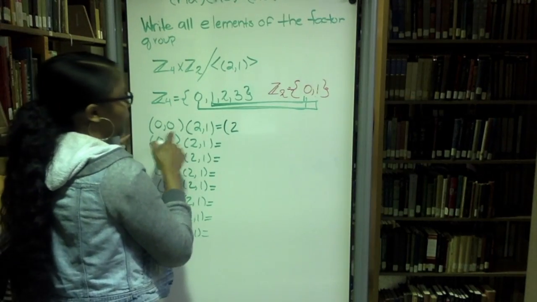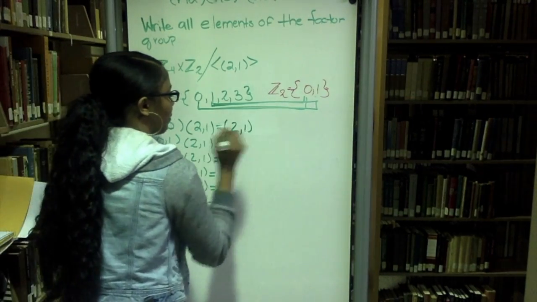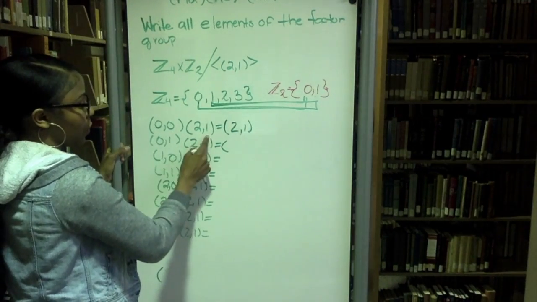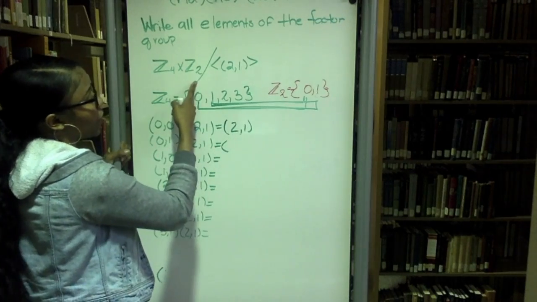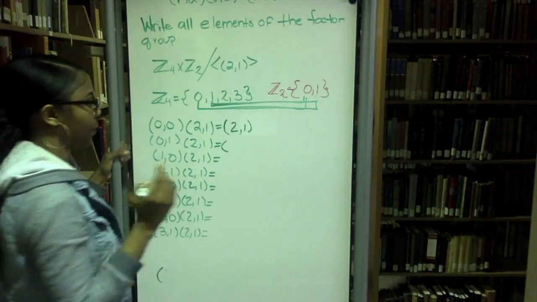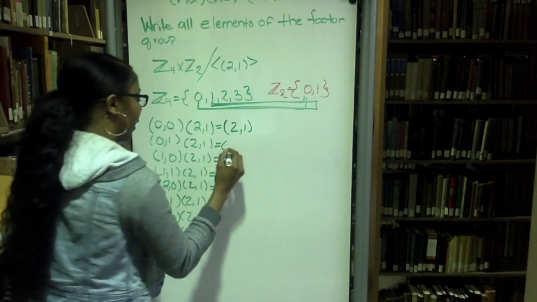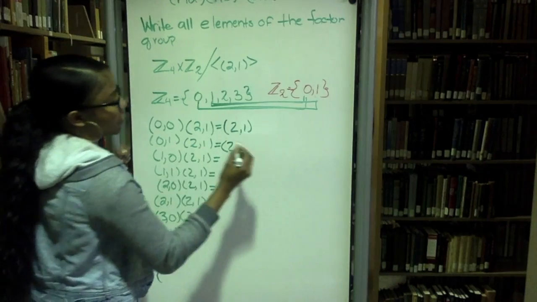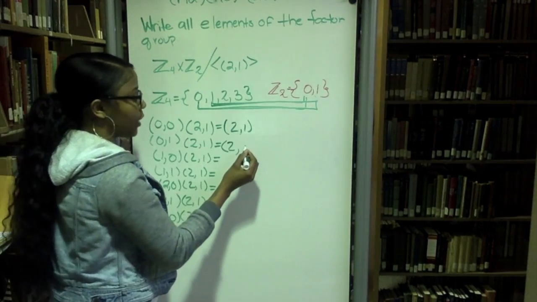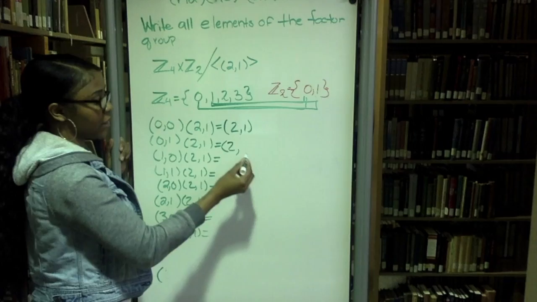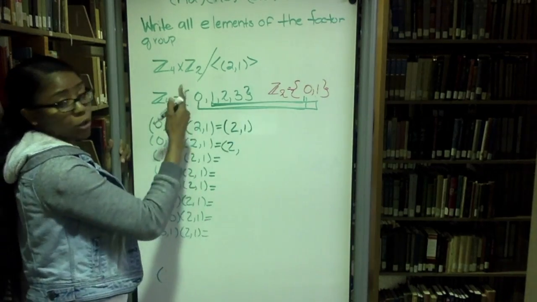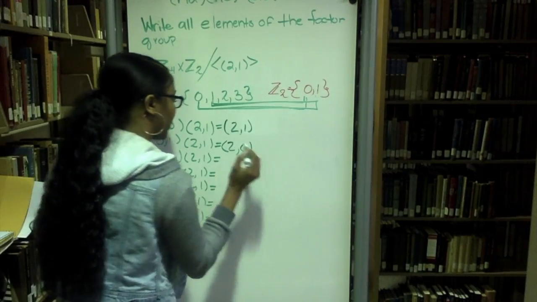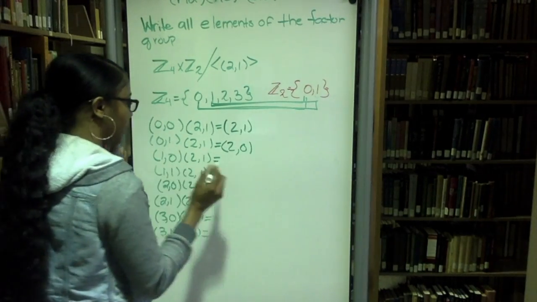Then 0 plus 1 gives us 1, which is fine because we're working mod 2. For the second one, we have 0 plus 2, which gives us 2. Then 1 plus 1 gives us 2, but we're not going to write 2 because our operation is addition modulo 2, so we subtract 2 from 2, which gives us 0. So now 1 and 2 gives us 3.